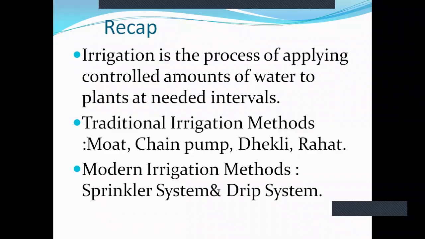The second was the modern method, that is irrigation by sprinkler and drip method, which is very efficient and saves time as well as water. This method is used nowadays.